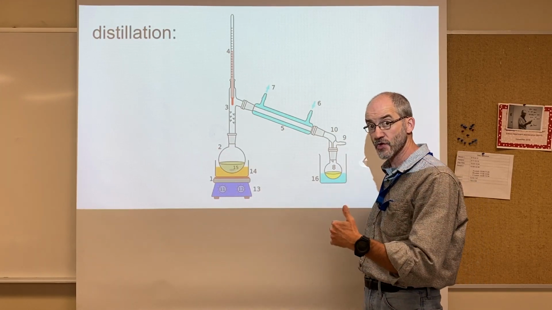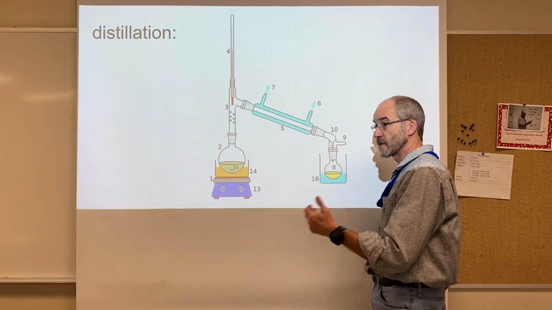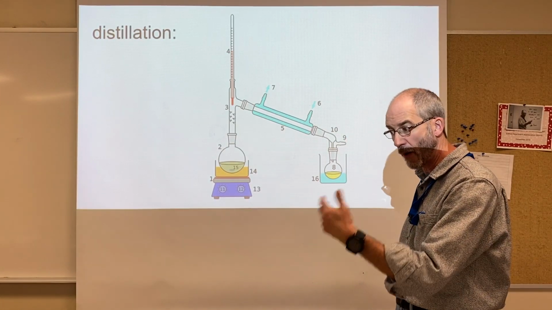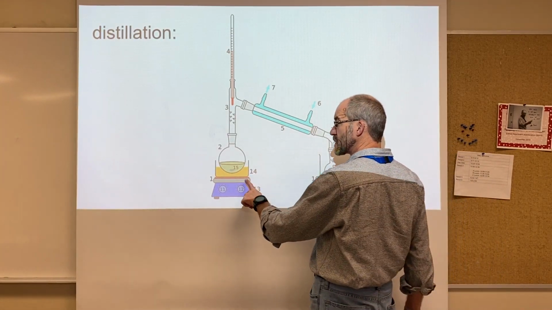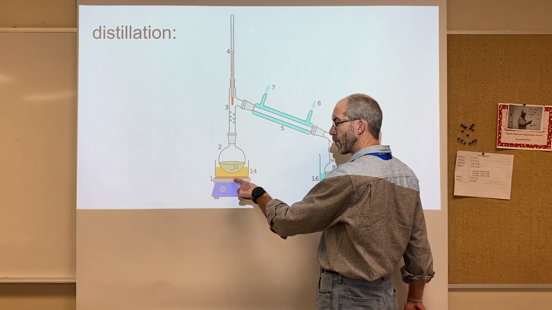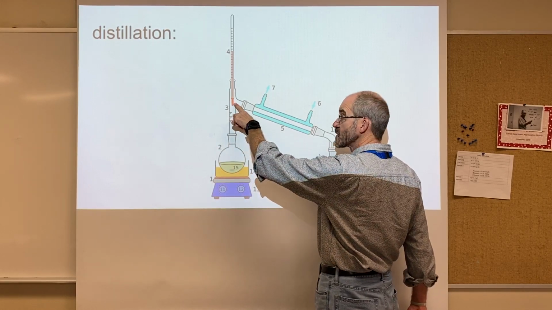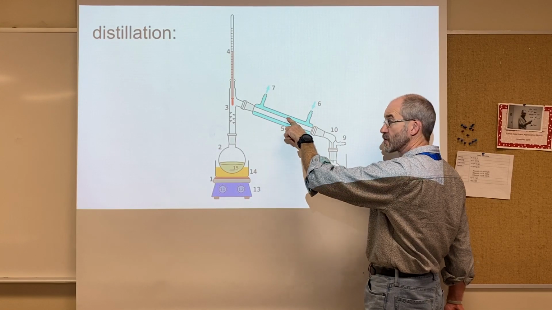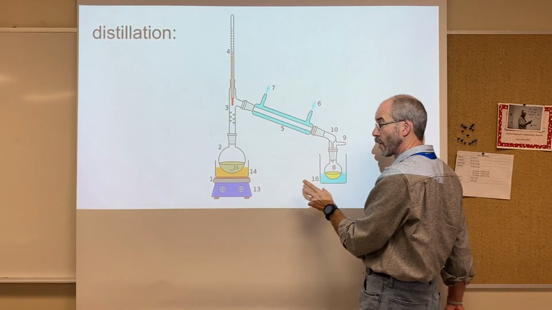Remember, change in state is a physical change, but physical properties are things like boiling point and melting point. So what we do is we take our solution and bring it to the boiling point of water. We allow the water vapor to rise, we cool the water vapor, which allows it to condense, and then we catch it over here. So what are we doing?